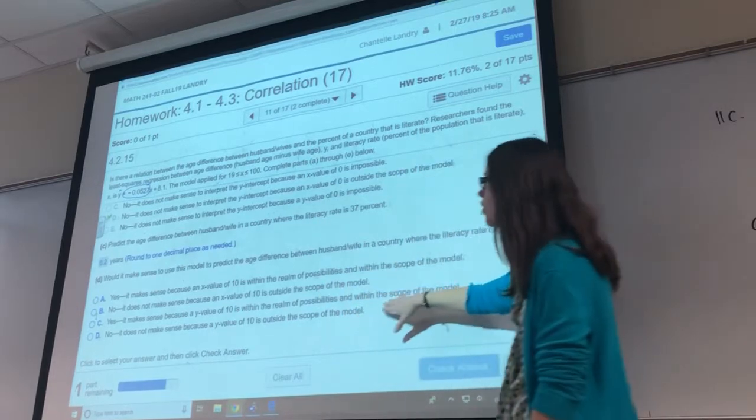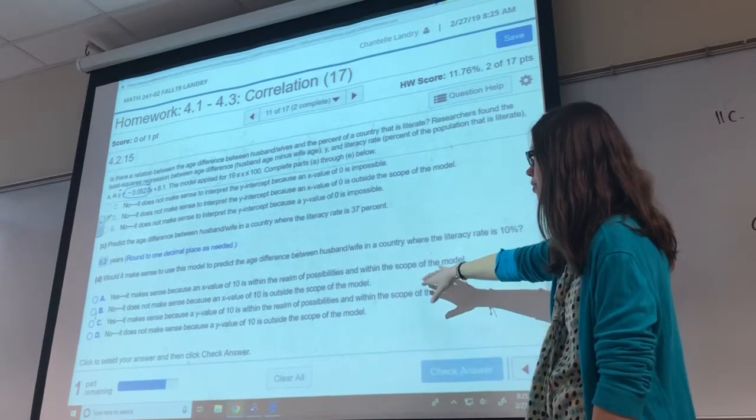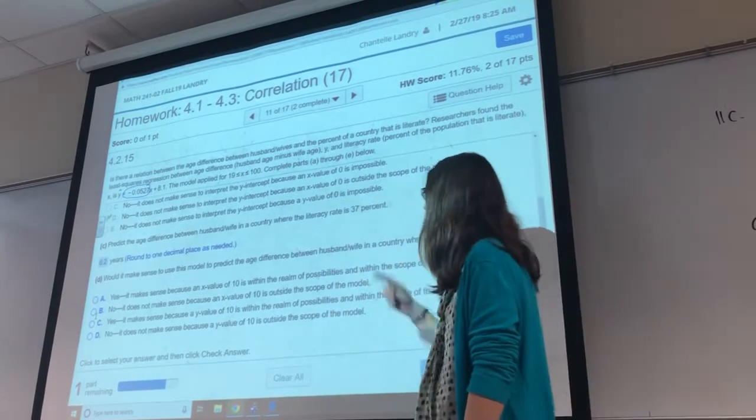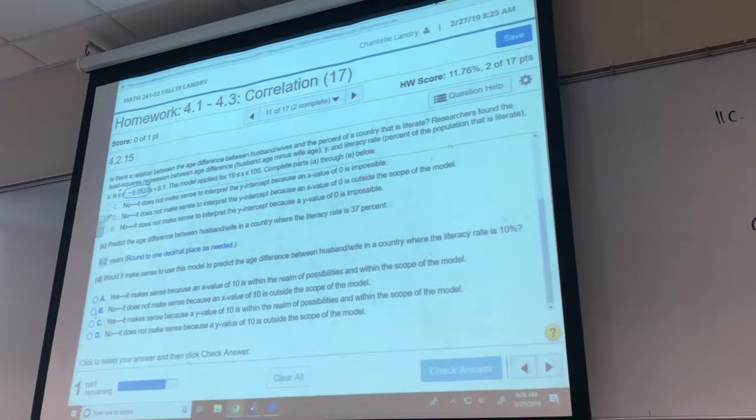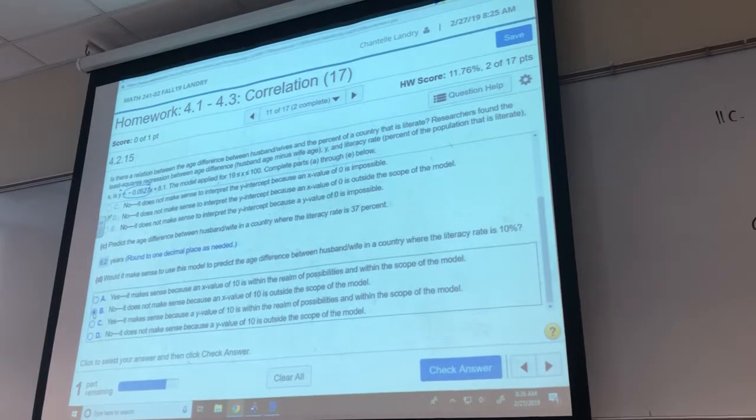So in this case, we'll say no, it does not make sense because an x value of 10 is outside the scope of the model. The x's are the only things being restricted in this case. Y values, we really don't care because we don't know what the y value is until we plug it into the formula to figure that out anyway.